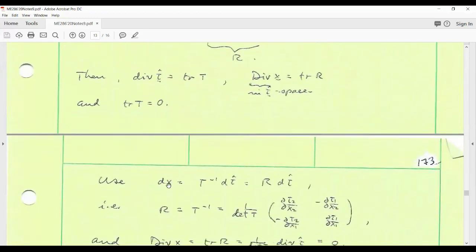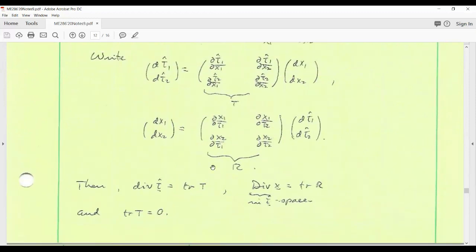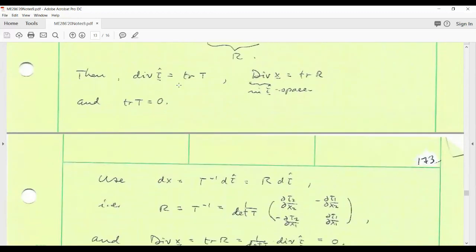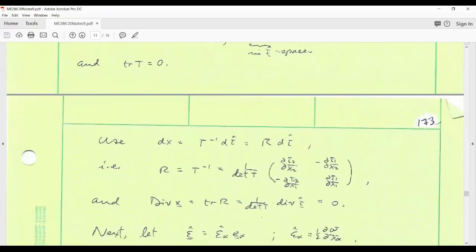Okay, so the column vector dx, which consists of dx1 and dx2, is the inverse matrix of T times the column vector d tau hat, consisting of d tau hat 1, d tau hat 2, and that's the same as R d tau hat, right, the column. So let's compute R by inverting T. That's easy, it's a 2 by 2 matrix, easy to invert.